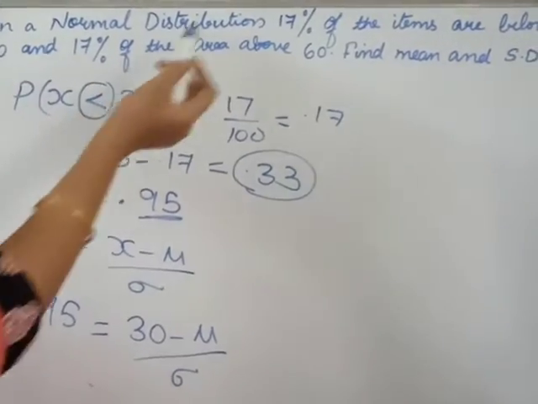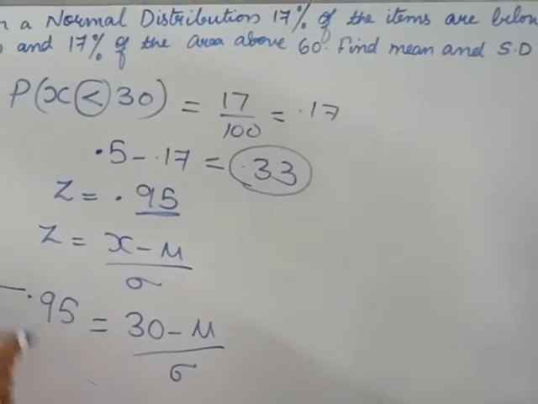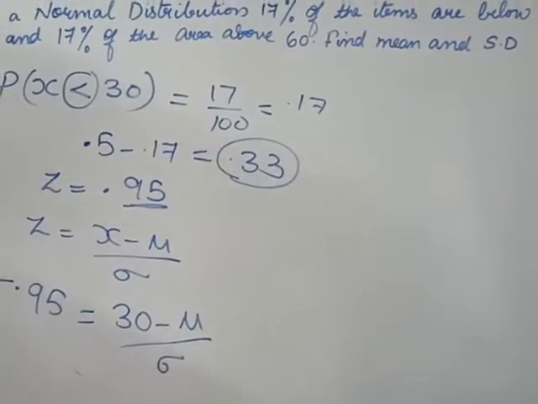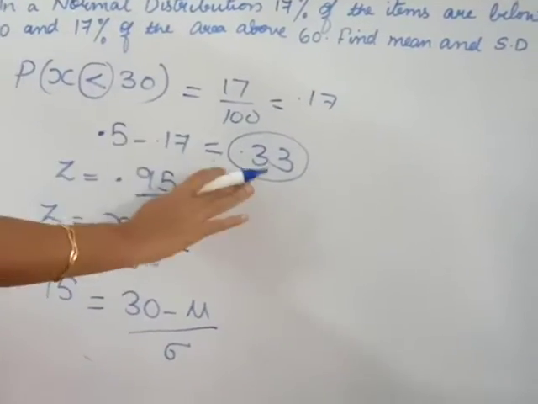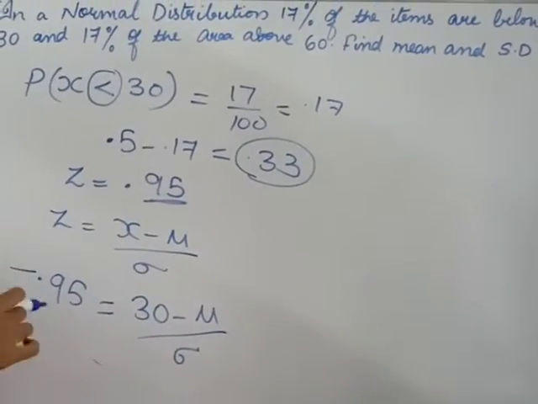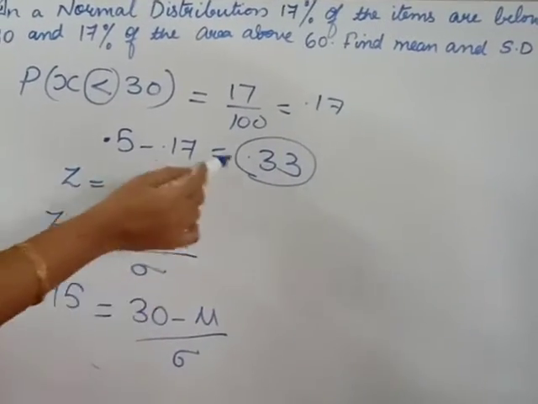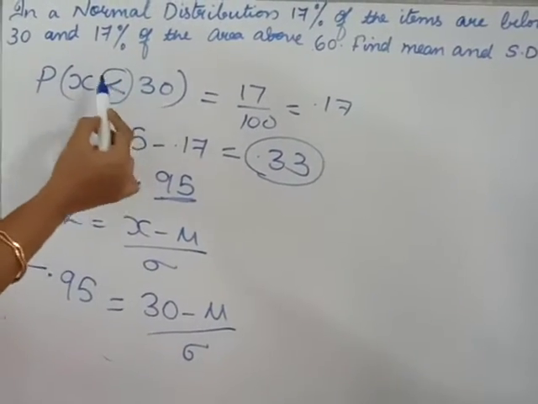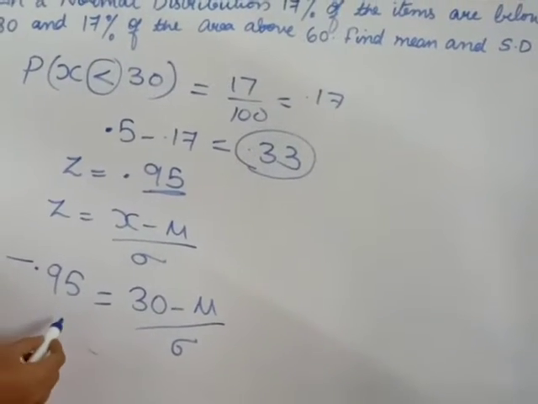If it is less, below, left, etc., you have to put a minus sign for the Z value. Remember always. Because area is always positive, but the Z value can be negative or positive. So for left, below, substitute the negative sign for Z here.